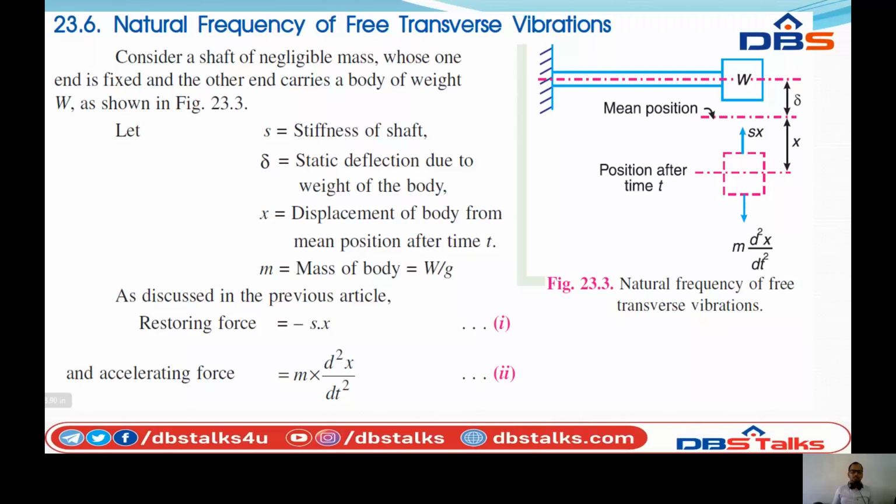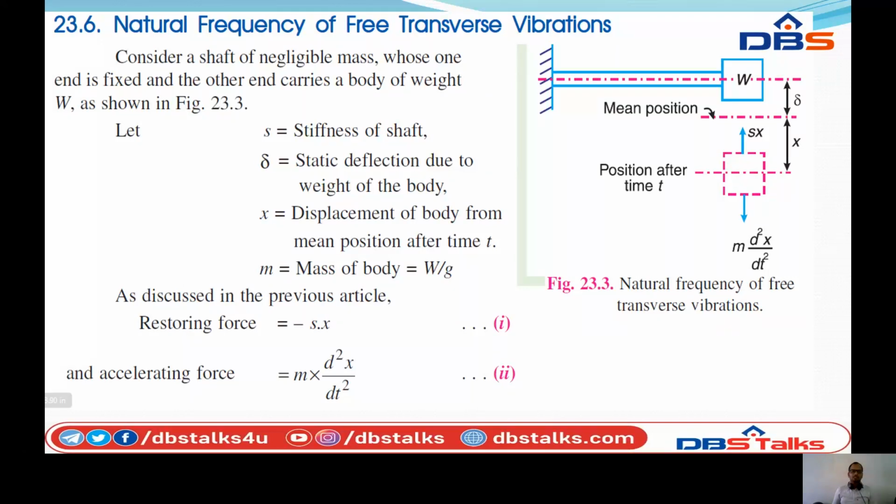We know the restoring force that we discussed in the free longitudinal vibrations, the restoring force and restoring couple. The restoring force is equal to minus Sx, and the accelerating force is equal to m into d square x by dt square.